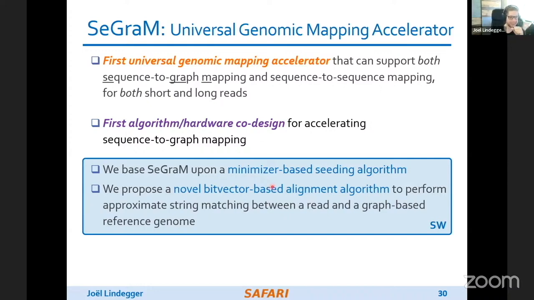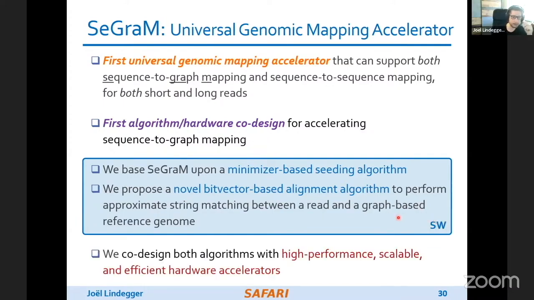So those are kind of innovations on the software side. We have to make seeding work for graphs. It's not too difficult, but you have to do it. And then you have to make this bit vector based alignment work on graphs as well, which is a bit more tricky. So, okay, it's labeled software here. Maybe we should call this rather algorithm contributions.